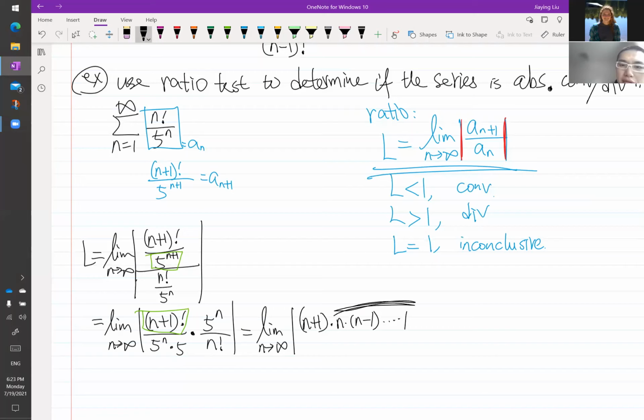But this part is just n factorial. So times n factorial, and then divide by 5 to the n times 5, and then multiply by 5 to the n and divide by n factorial. So 5 to the n will cancel. It becomes just 5 on the left side, and the next fraction has a 1 in the numerator and n factorial in the denominator.